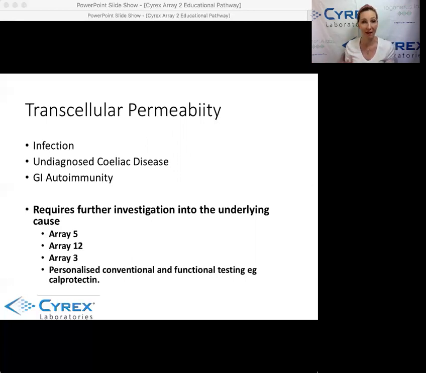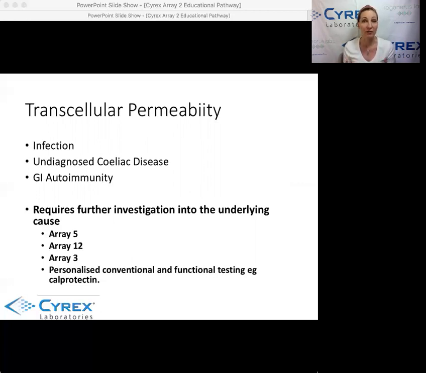We need to be thinking about RA12, where we're looking at infection, and potentially RA3, where we're looking at gluten reactivity and some of the celiac markers, transglutaminase 2, for example. But you also need to be considering personalised conventional and functional testing, for example, calprotectin or celiac testing via the GP.